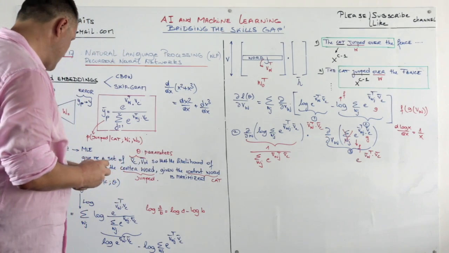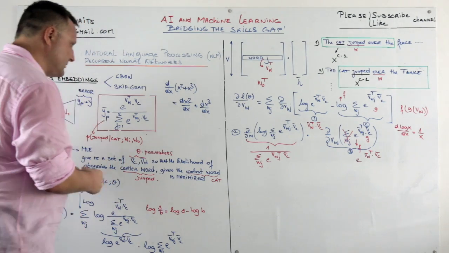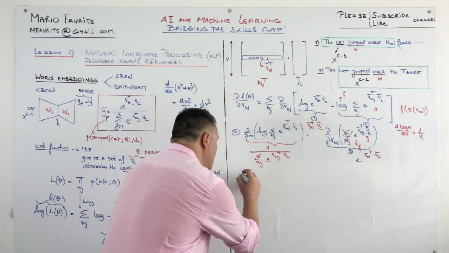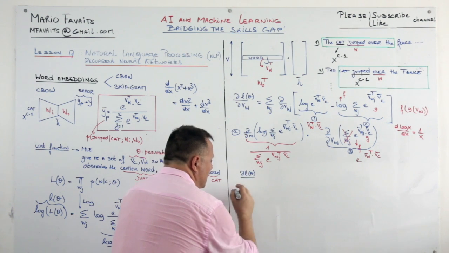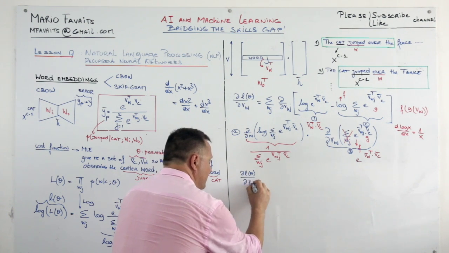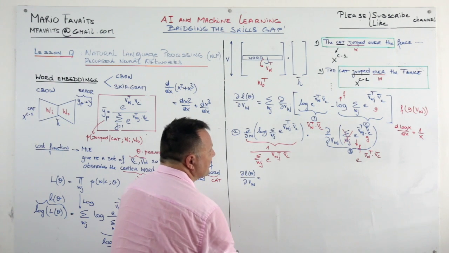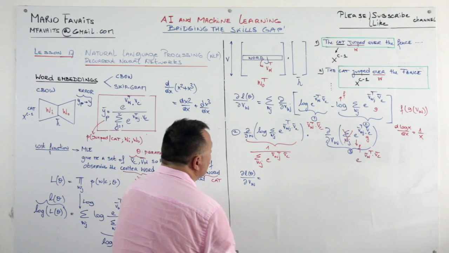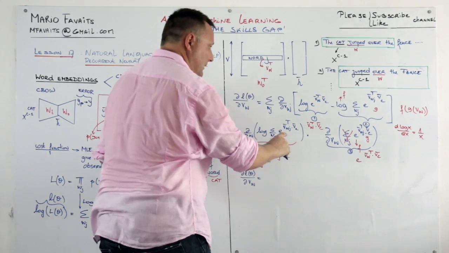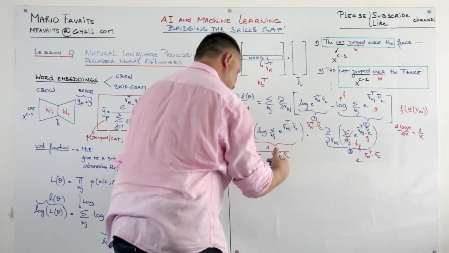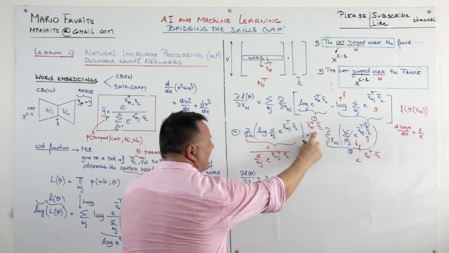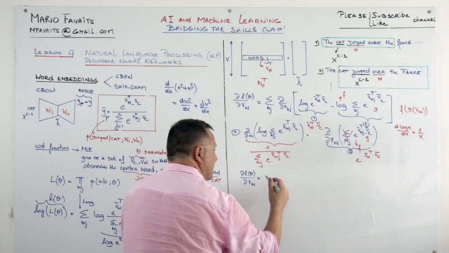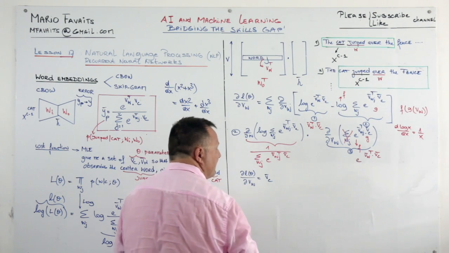So, where are we? Well, we're still here. The derivative of the log likelihood with respect to vw equals, well, we have this one here. Now if we take the derivative of this one, then the only thing left is vc.